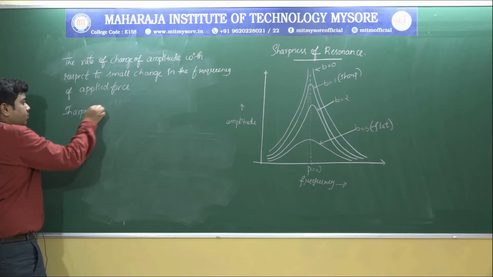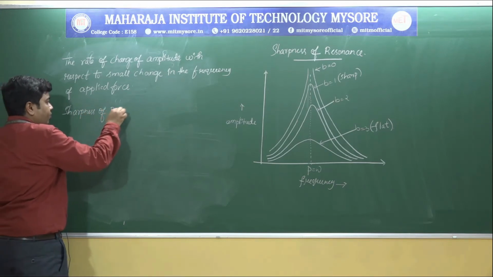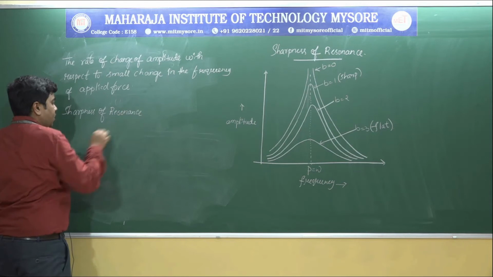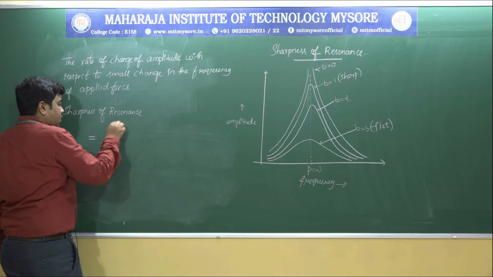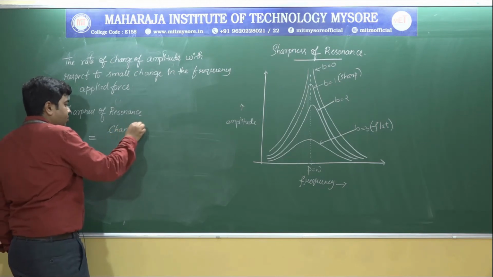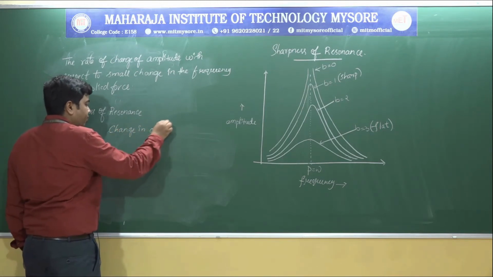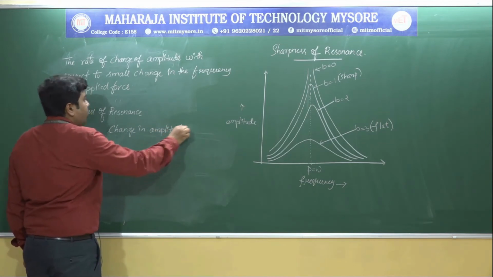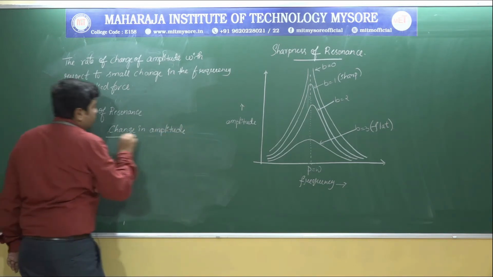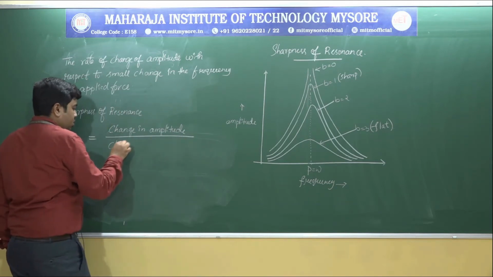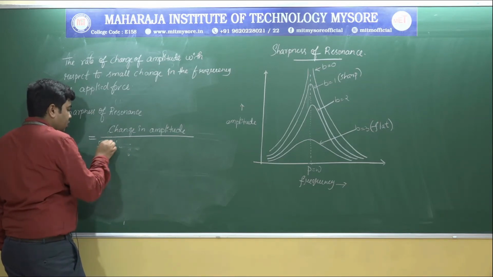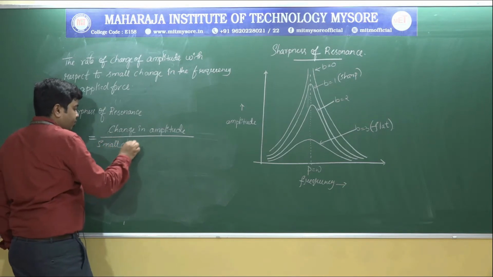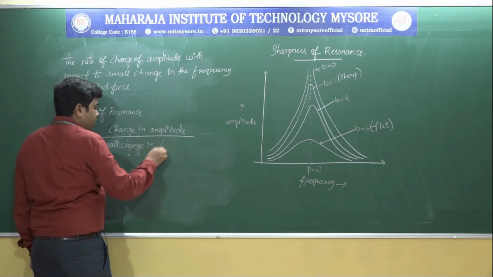sharpness of resonance is equal to change in amplitude divided by small change in frequency.